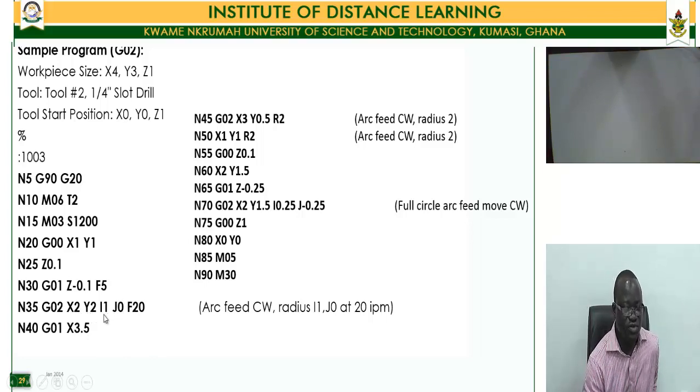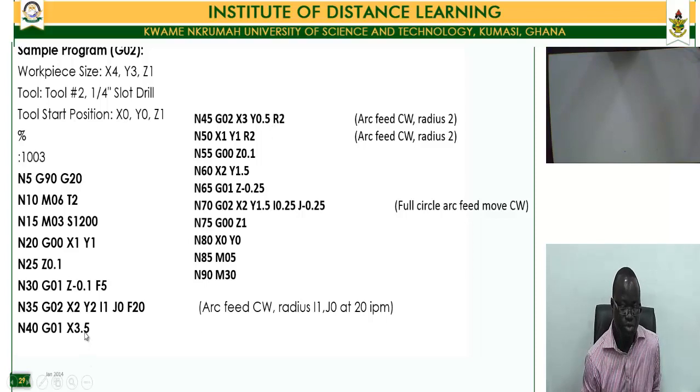Basically if you use the radius, then you are talking about doing a complete circle if the coordinate position you give, x3 y0.5, is actually going to come back to the position where the x values were before. So the current position of the x is 3.5. If you give x equals 3 and y equals 0.5, the radius of the arc is 2.